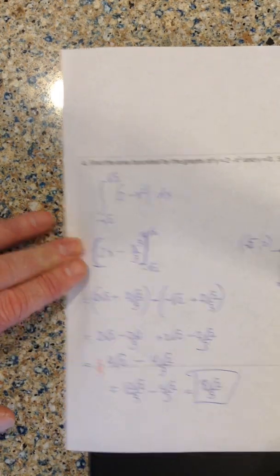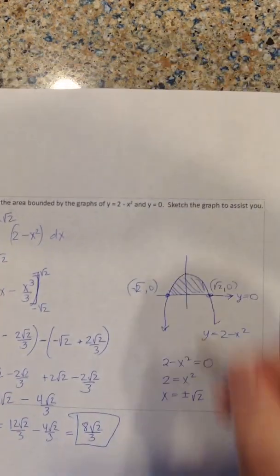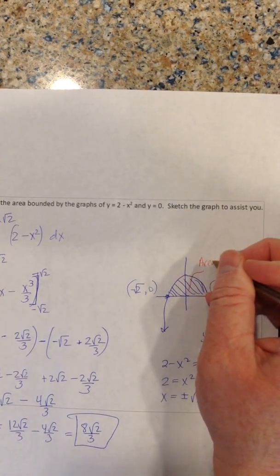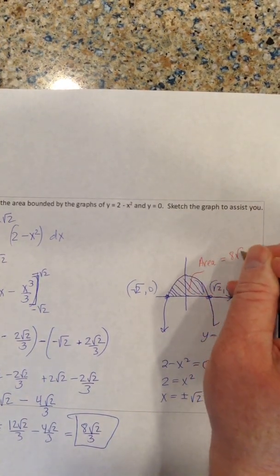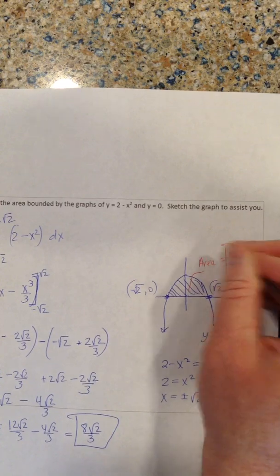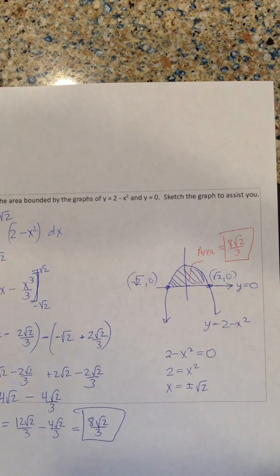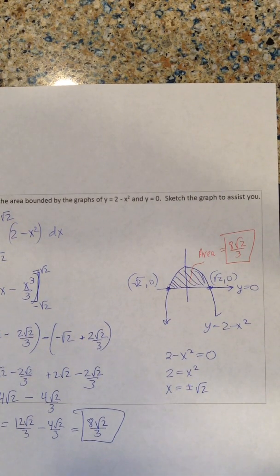That's how you find the area of that shaded region. So the area would be 8 root 2 over 3, and that's of interest to us because in calculus, physics, and a lot of science, finding the area will help you find things like work and distance or displacement and things like that. Alright, good luck.